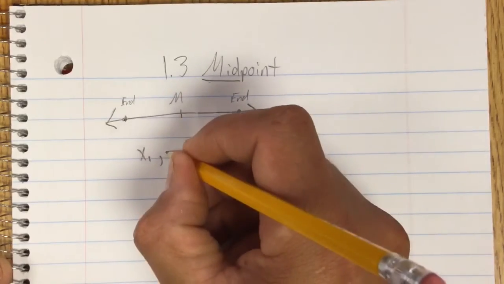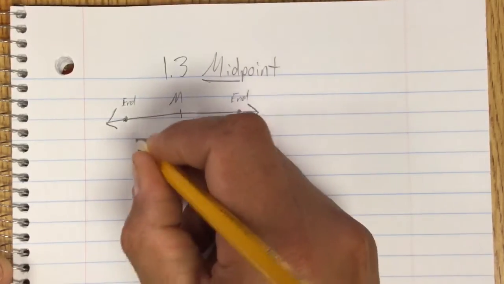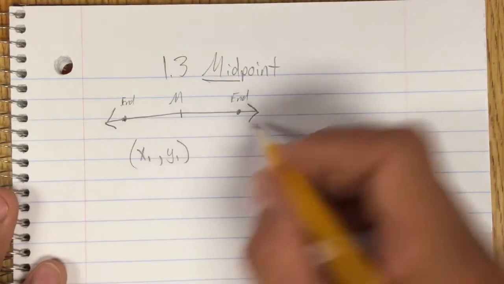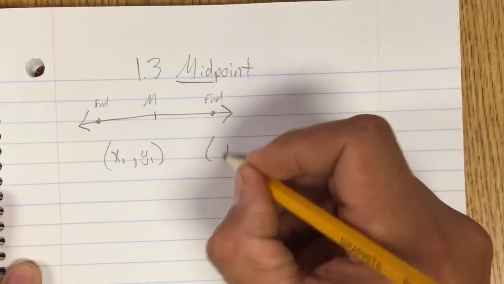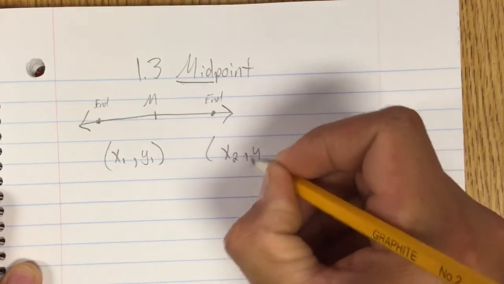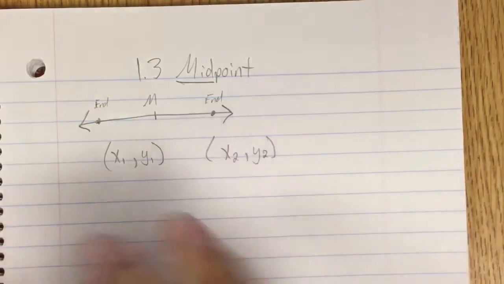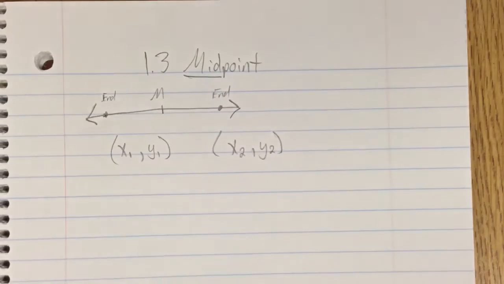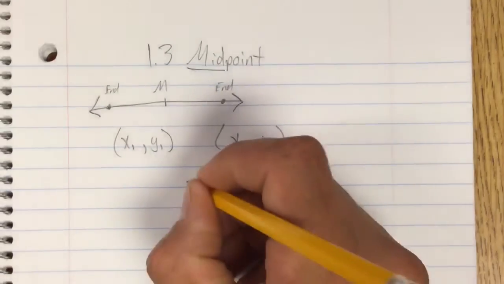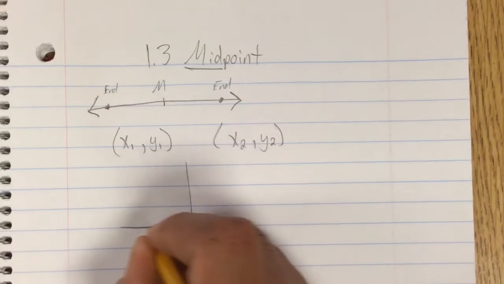So it would be like x sub 1, y sub 1, and that'll be the first point. And then you'll have a secondary point, which will be typically labeled as x sub 2, y sub 2. But don't let those confuse you, because those are just points on a coordinate plane. So if we're talking coordinate plane, remember that's just the x and y axis stuff.